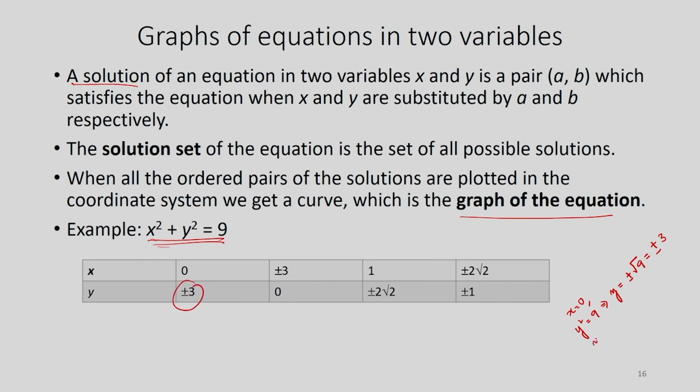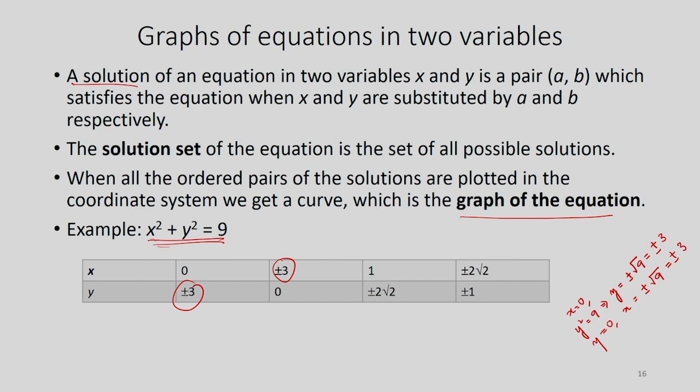Similarly, if you put y is equal to 0, you will get x is equal to root over 9, and that is plus minus 3. So, that is what I have written here. So, from these two columns actually you are getting how many solutions? 4 solutions.